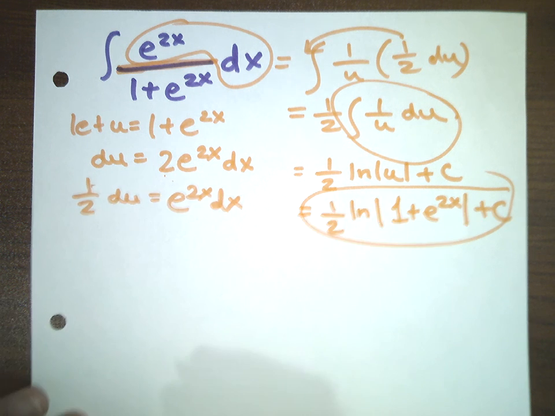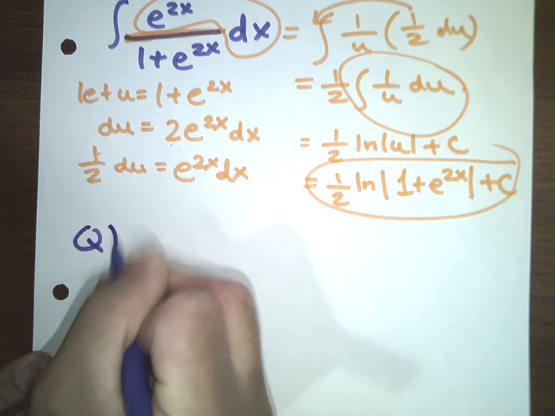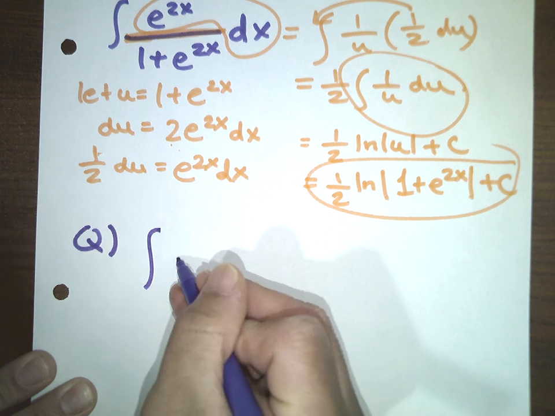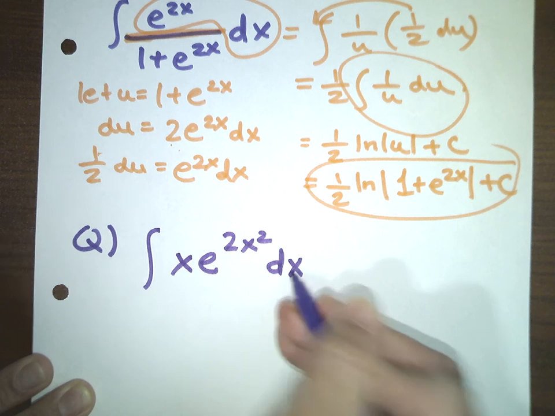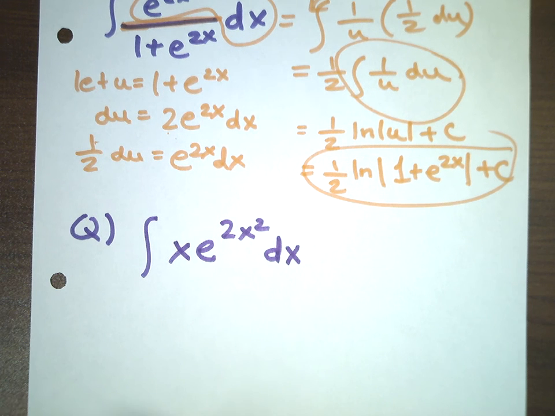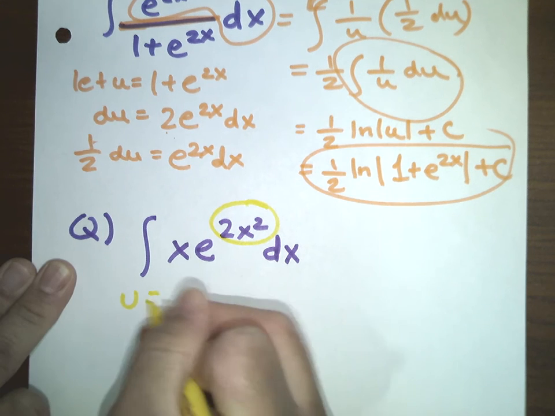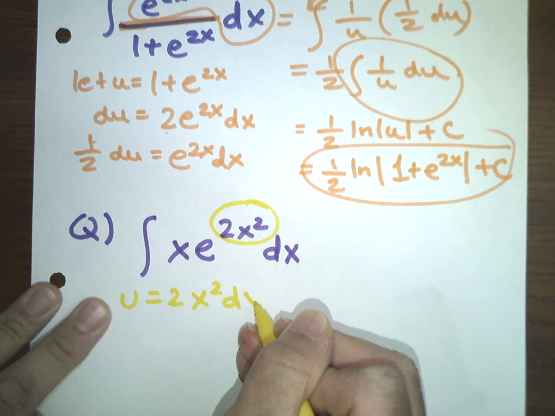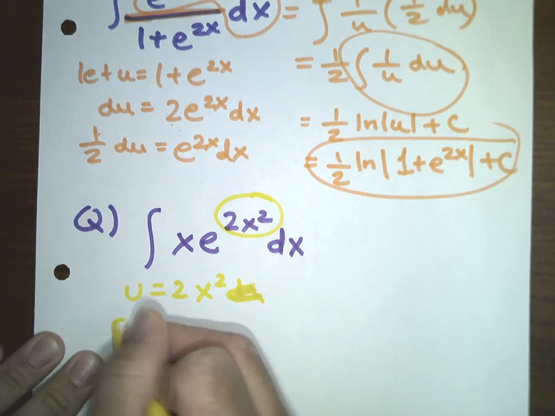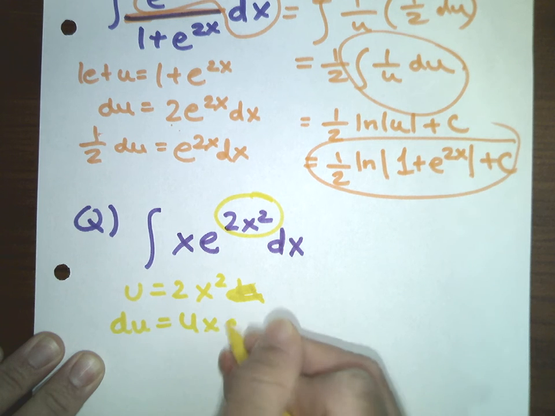So Q is the integral of x e to the 2x squared dx. So then again, I usually want to let u be the exponent of the exponential function here. So u will be 2x squared, and then du will be 4x dx.